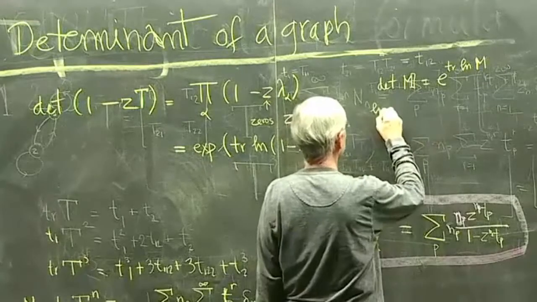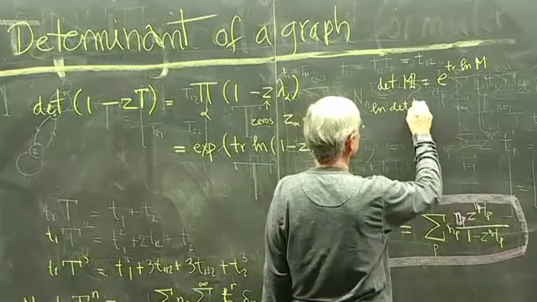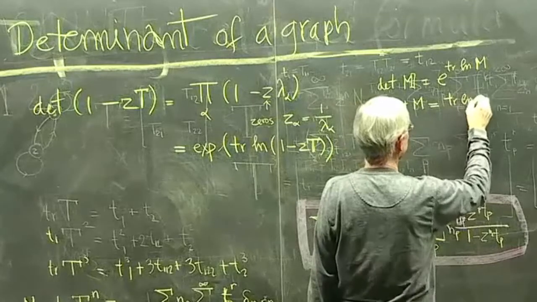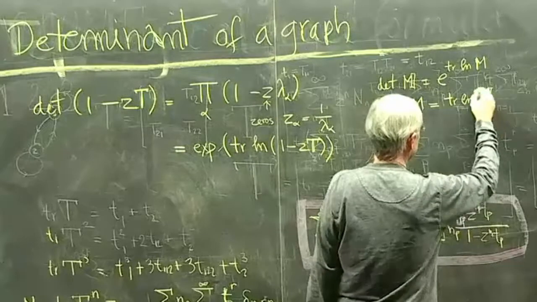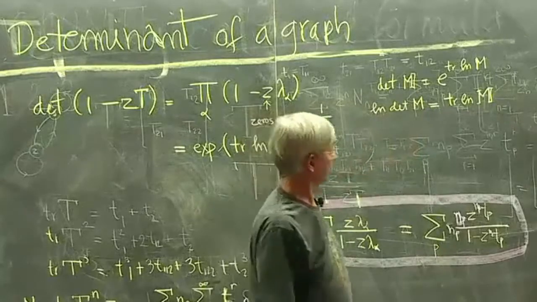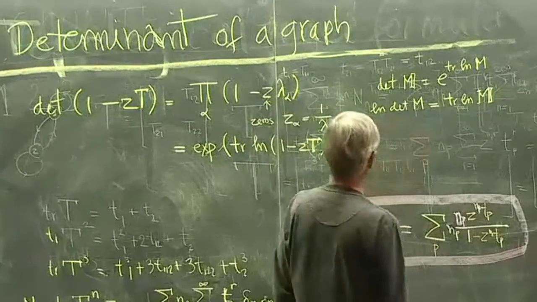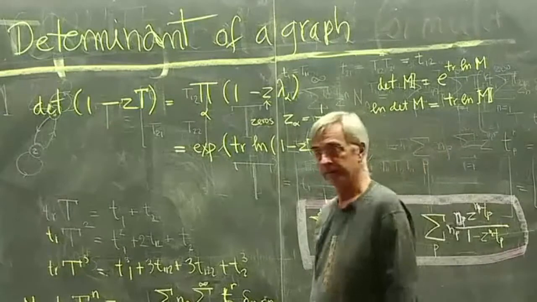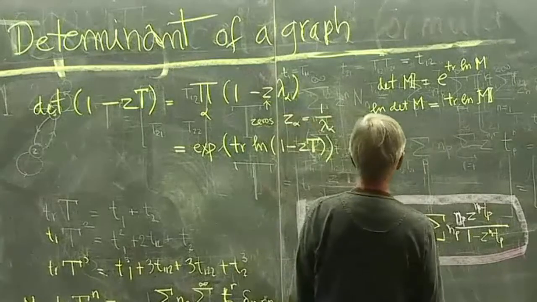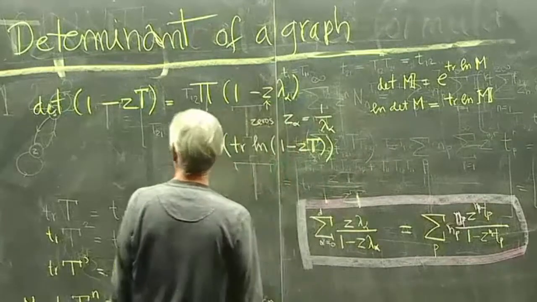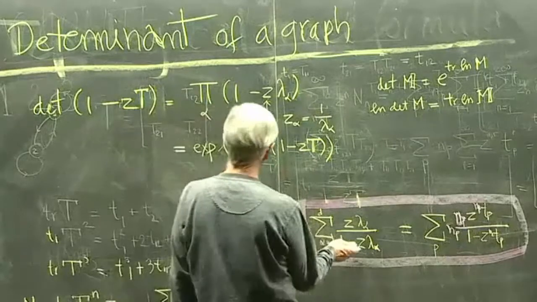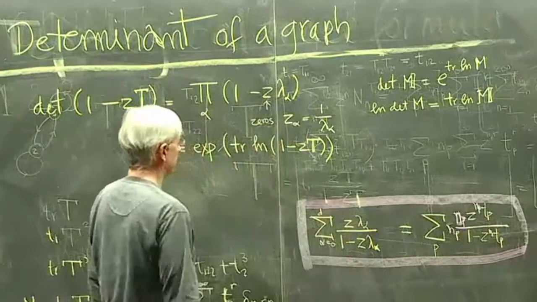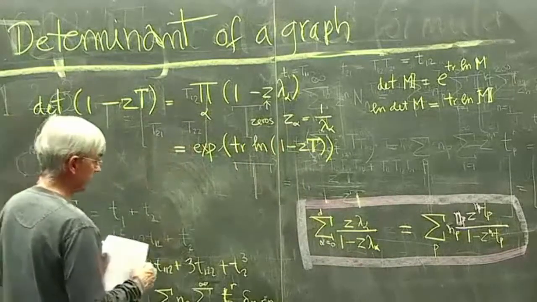Or that a logarithm of determinant of matrix M is the same thing as a trace of a logarithm of matrix M. I think we did it as a problem set, but everybody who does physics needs to know this identity because it's used all the time in statistical mechanics, quantum mechanics, etc. So that means that if you know traces, we should know also the determinant, and that's why we worked out traces first.